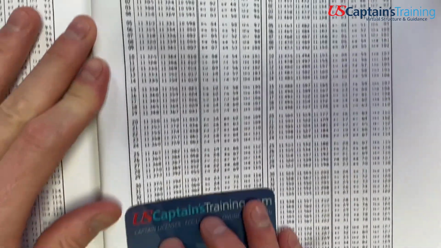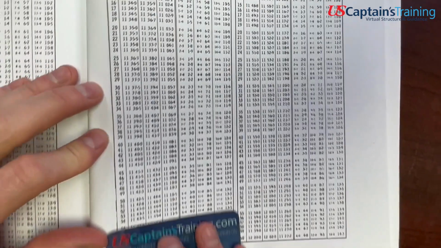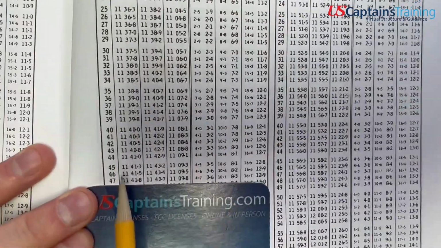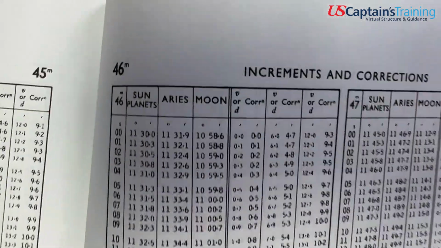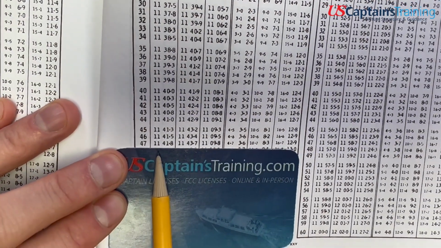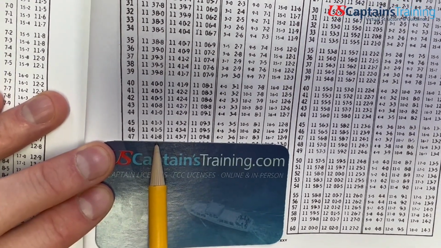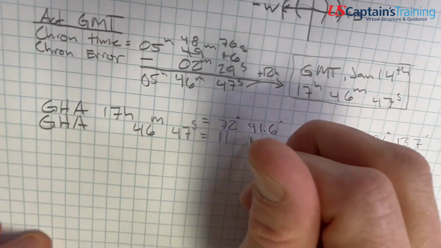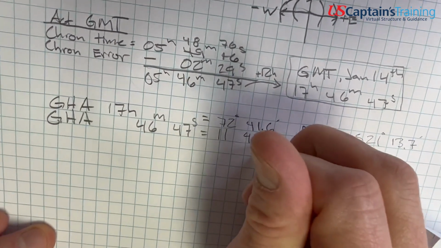So we cruise all the way down to 47. Okay, and here's the sun column. So 46, 47 seconds, 11, 41.8.